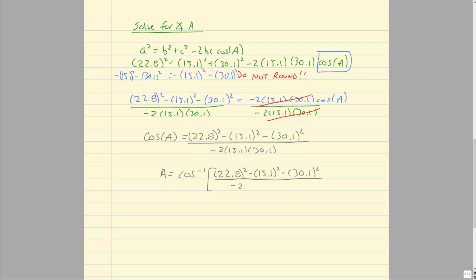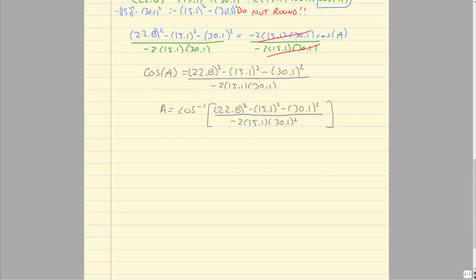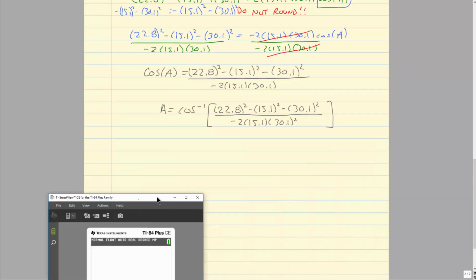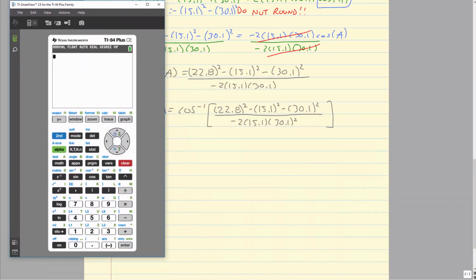So when you plug it in, you have to be really careful about what's in the numerator and what's in the denominator. So I think this is an instance where we definitely want to use that fraction key. So let's go ahead and plug this into our calculator. I'm going to start with the arc cosine or inverse cosine. I'm going to use the alpha y equal key to make sure I get this put in correctly.